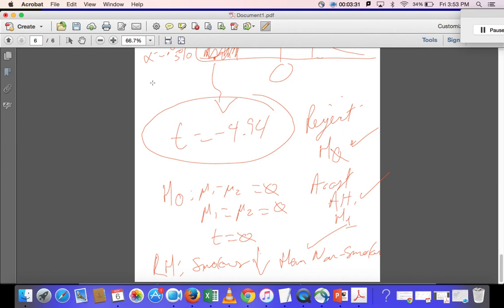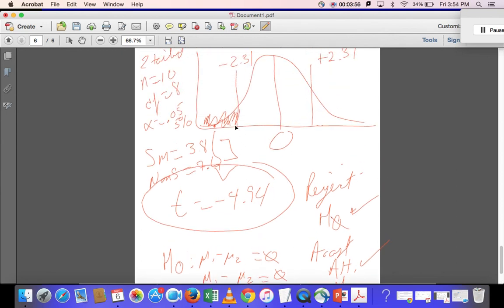Because remember that for smokers, their average was equal to a value of 3.8, and for non-smokers, we found their average equal to 7.6, and we identified statistically that the difference between these two values, which comes out to being a t-stat of negative 4.94, lands inside the region of rejection based on our criteria that we've stipulated for a two-tailed test with a sample size of 10, degrees of freedom 8, and an alpha level of 5%.